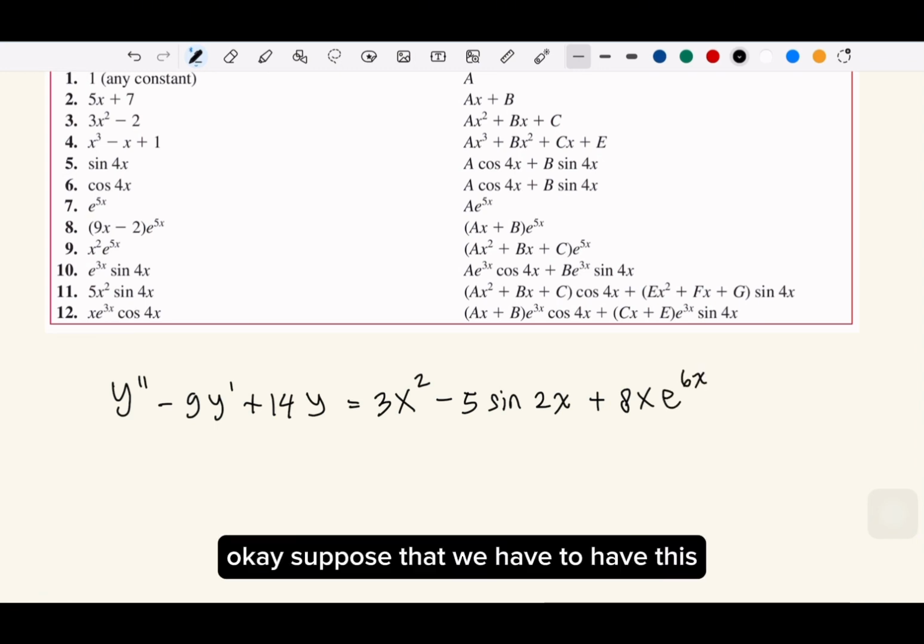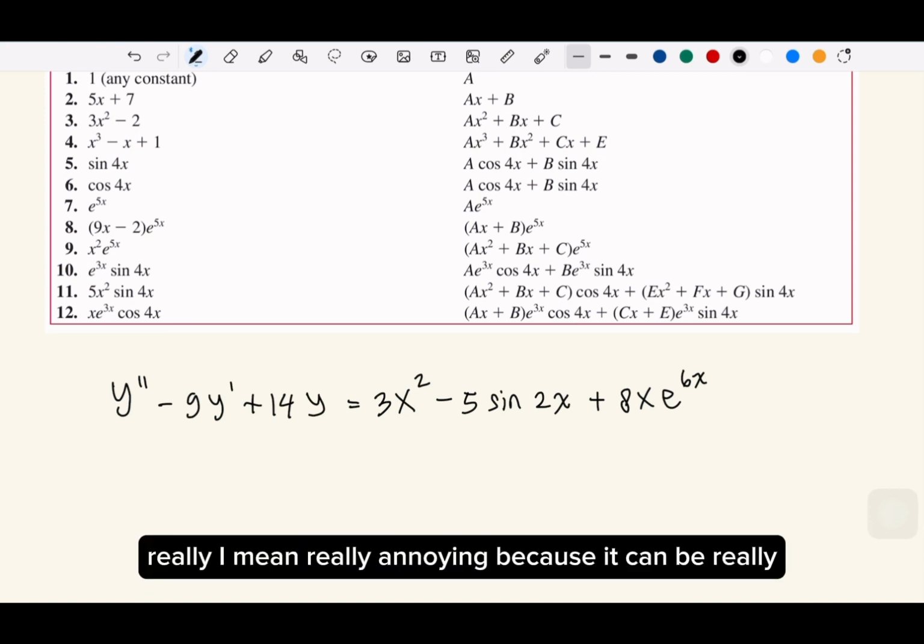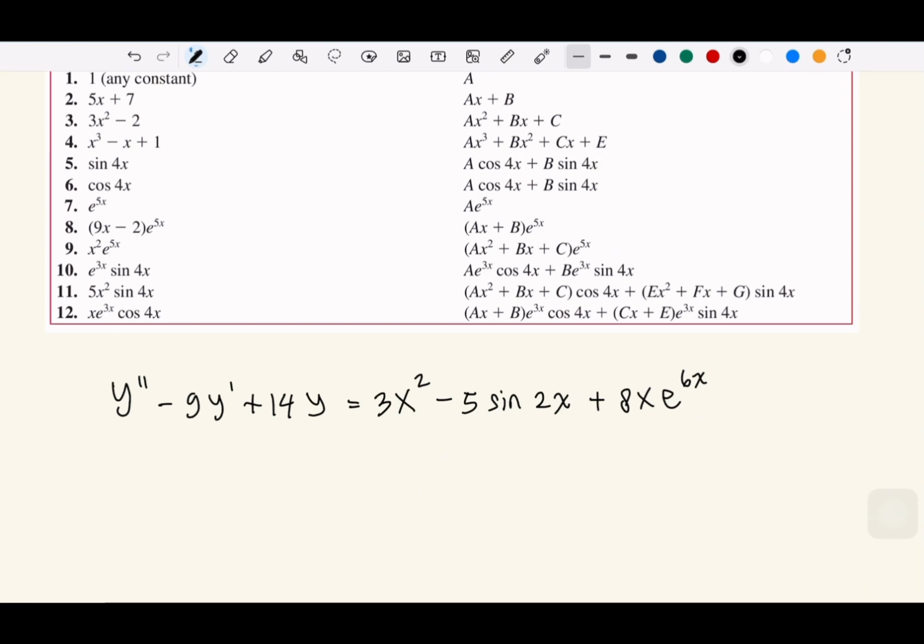Suppose that we have this. This can be really annoying because it can be really long. This is just an example, okay?